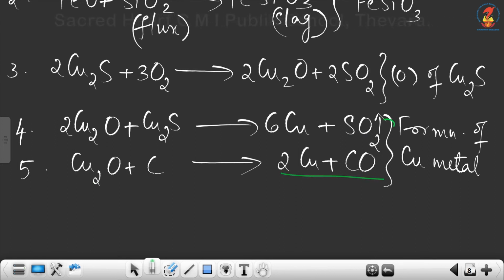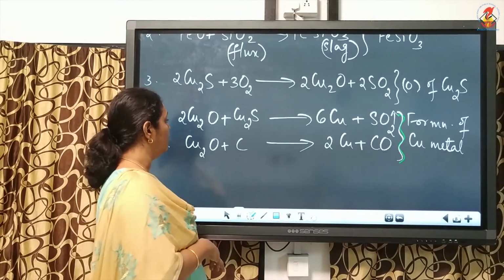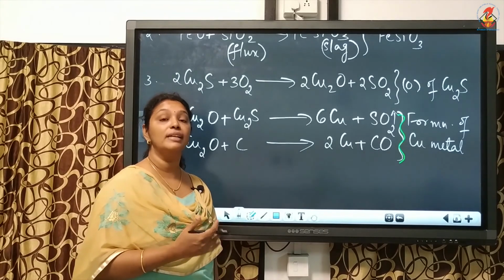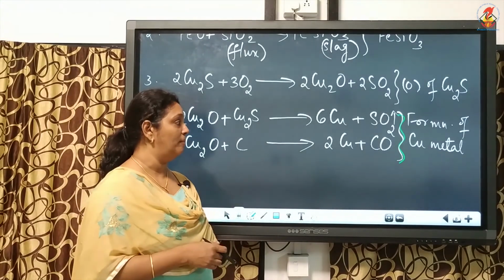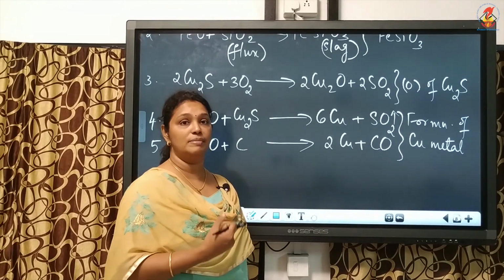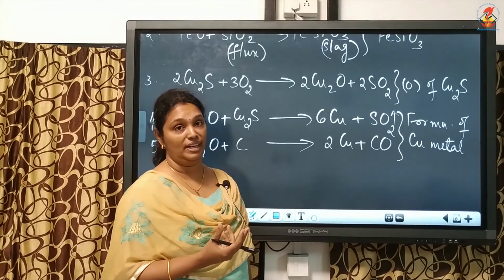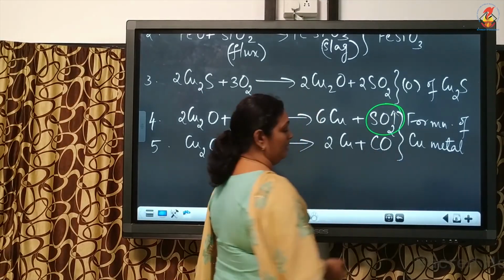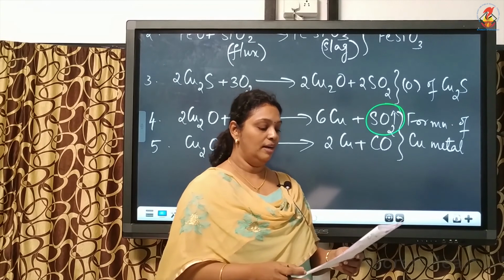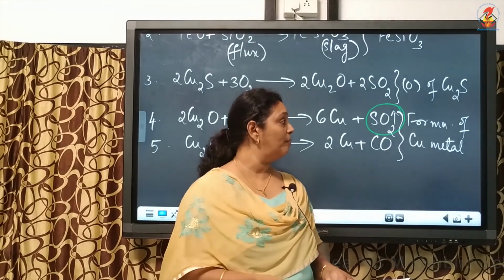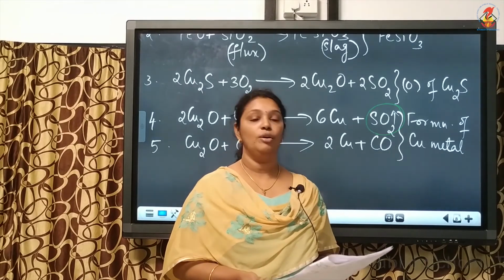So these are the two reactions where we get copper metal: auto reduction of Cu2O, and the reduction of Cu2O using carbon. The copper extracted by this method has a blistered appearance. That blistered appearance is due to the formation of sulfur dioxide gas, which gives a blistery appearance to copper. So this copper is also called blister copper.